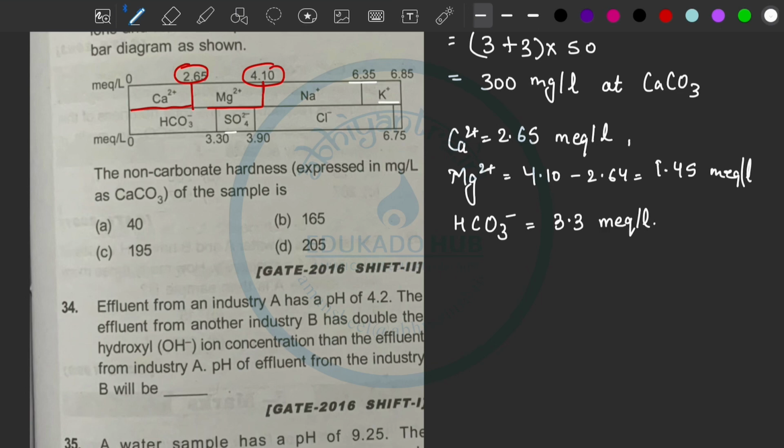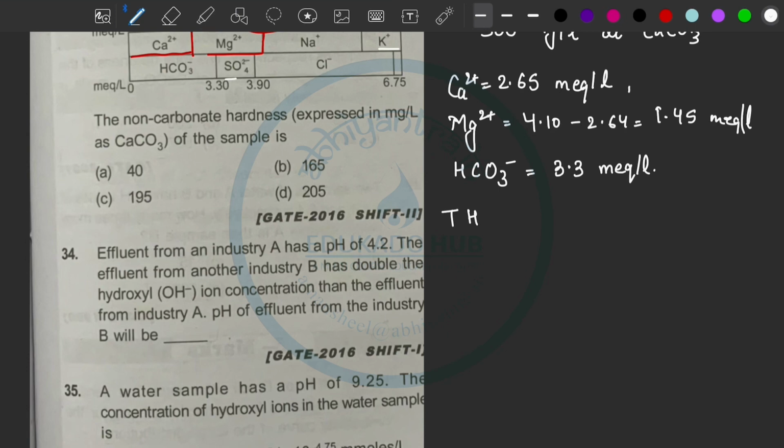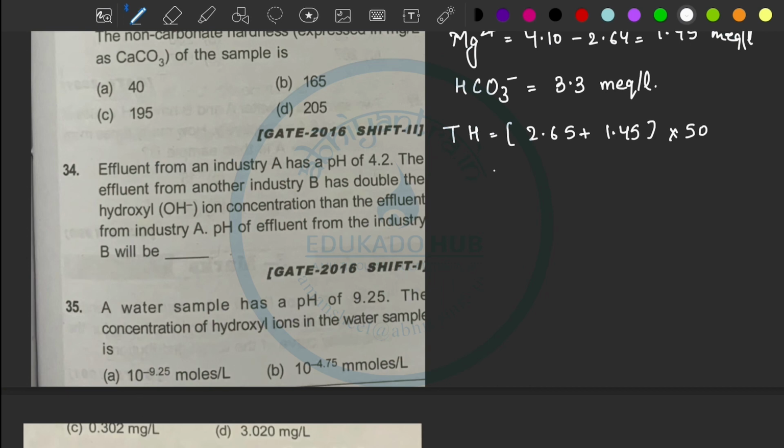Now we can calculate total hardness. Total hardness is given by the multivalent cations, so calcium is 2.65 and magnesium is 1.45, into 50. If we calculate, total hardness comes as 205 milligram per liter as CaCO3.